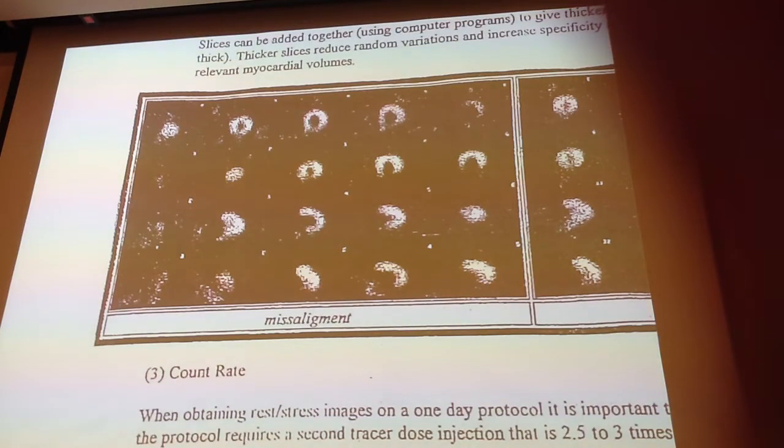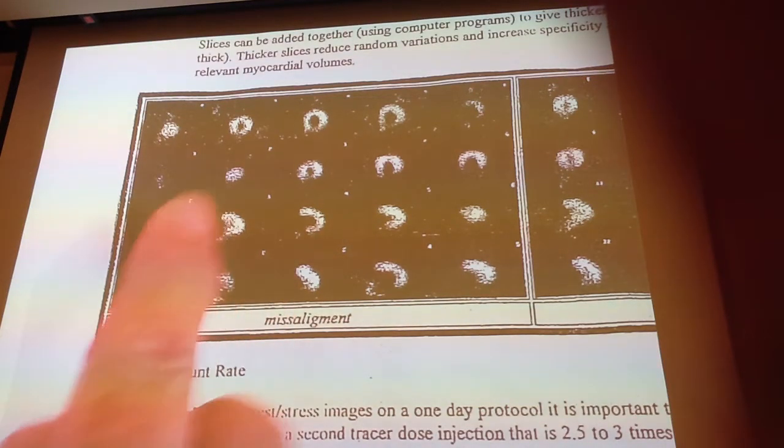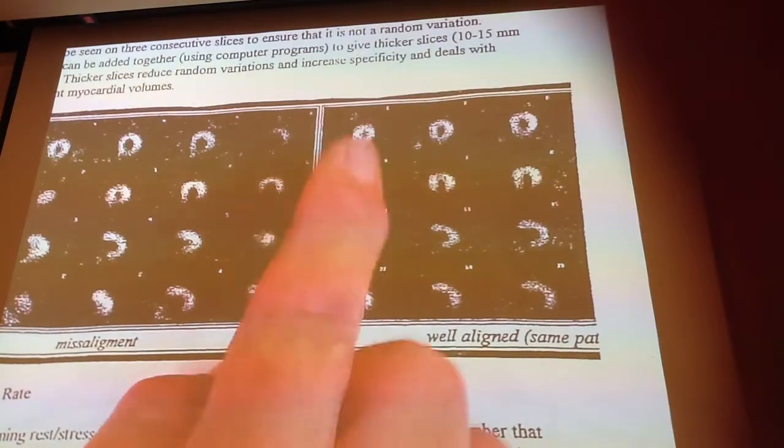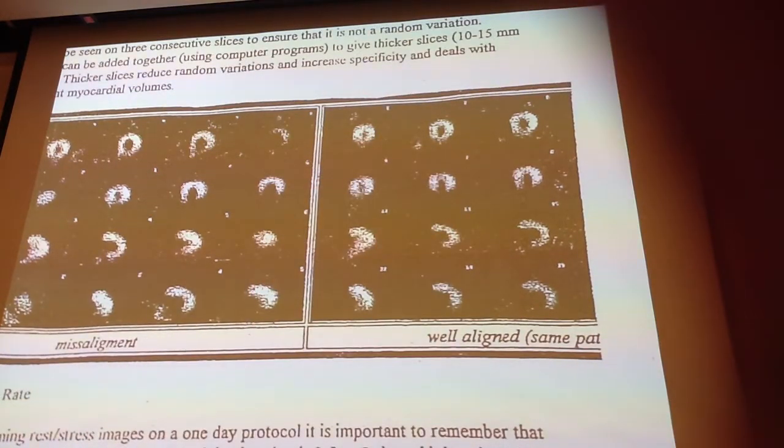Okay, but anyway, so alignment, very important. Making sure that you're looking at the same part of the heart for both of the studies. Then this other thing here is the count rate.